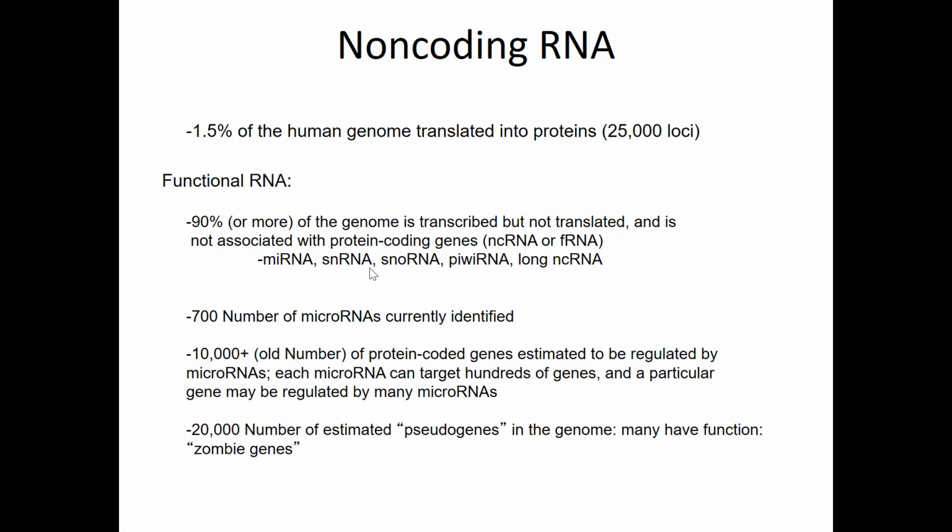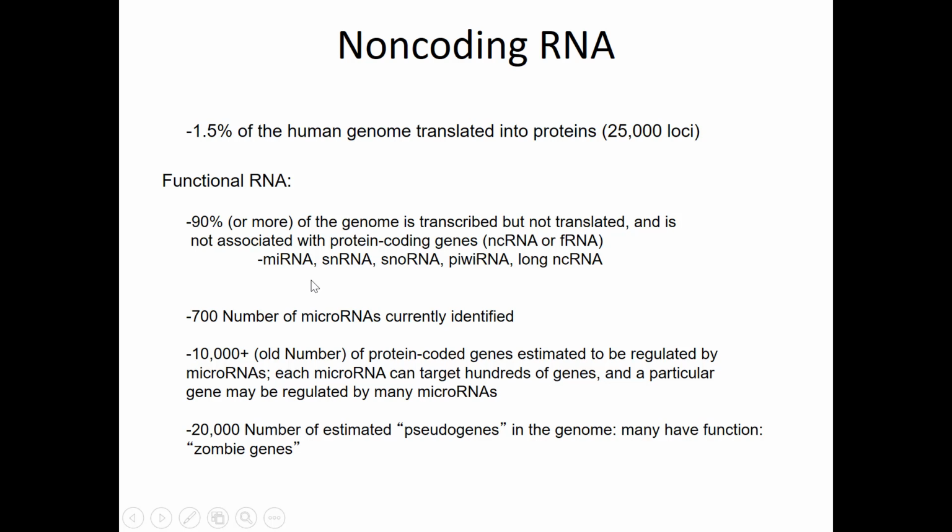There was a paper published in 2012, and there's been subsequent work, that basically demonstrates that there is no portion of the human genome that is more than 8,000 bases away from a site that is actively transcribed. And so most of the genome, greater than 90% of it, is transcribed but never translated.